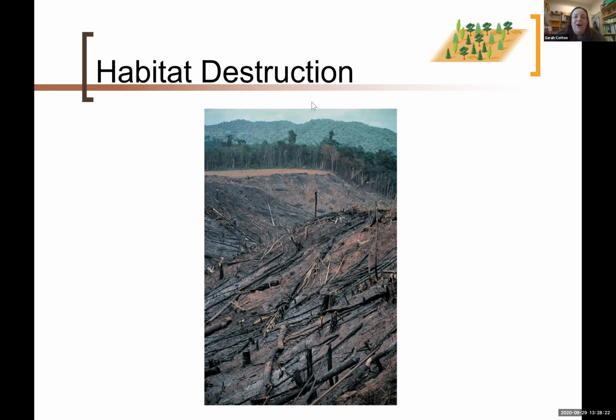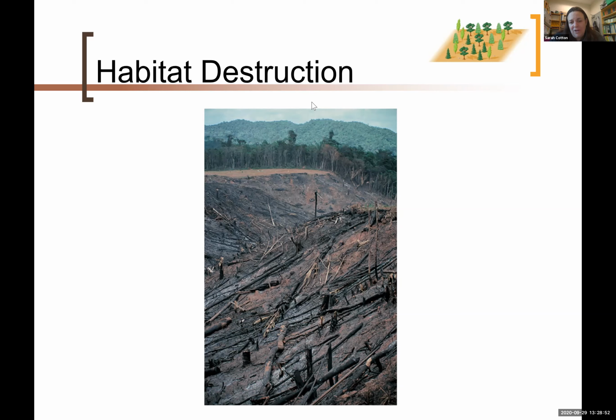Swidden agriculture. So basically you have forested areas, people chop down the trees and then they burn it, right? And this is really unfortunate because not only does it mean that you're not even using the trees that you cut down to build or whatever, but it's typically done in places like the rainforest, right?